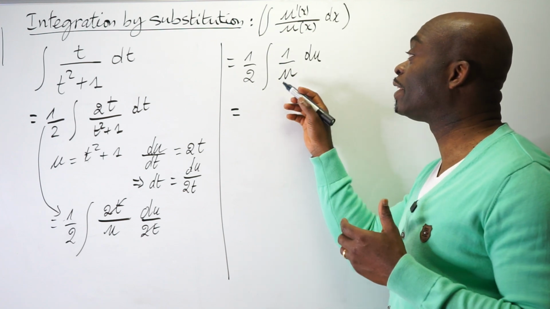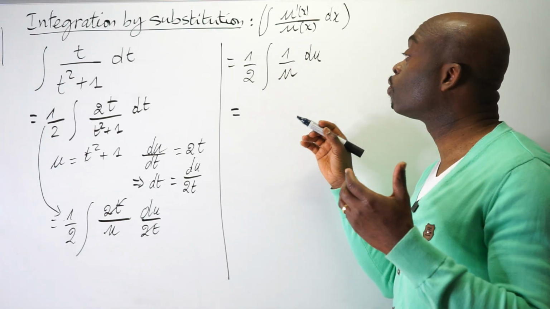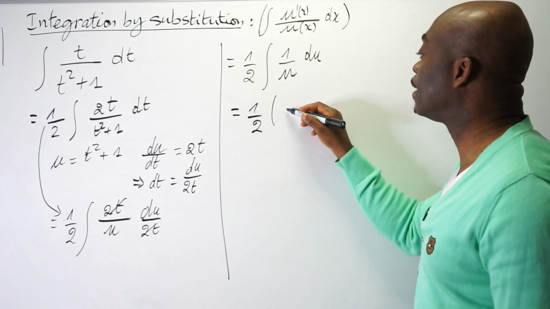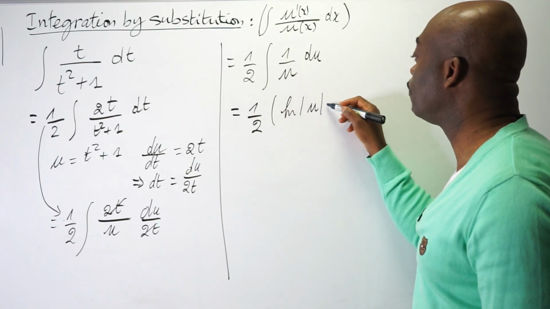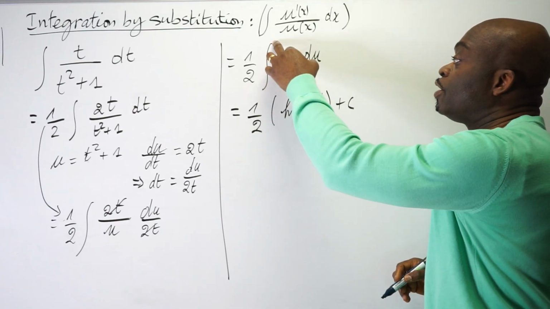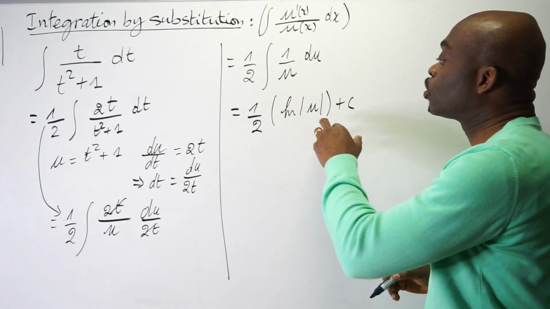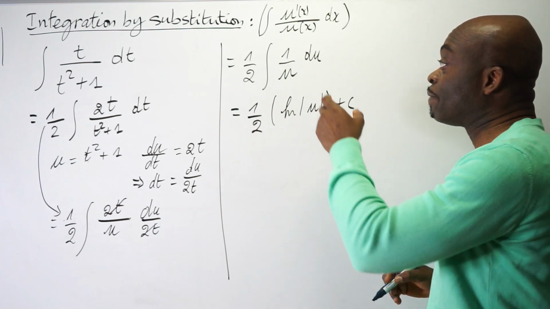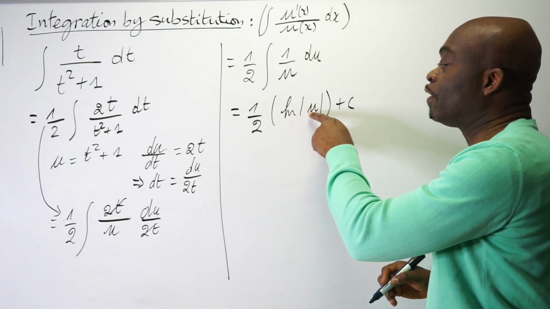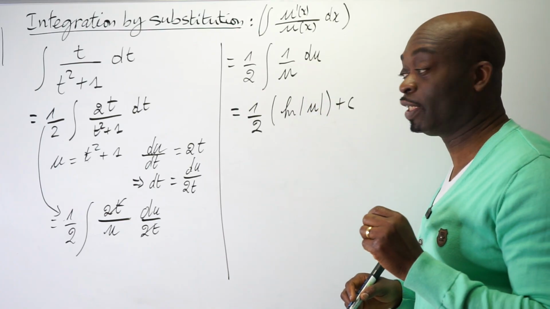Anytime you find the integral of 1 over a variable or a function, we're going to have 1 over 2 times ln of the absolute value of u plus c. Plus c, because we do not have a range or interval, so this is an indefinite integral. So anytime you find the integral of 1 over a variable or a function, it is ln of that variable or function. Also keep in mind that the power here is 1. That's the reason why we're doing it.